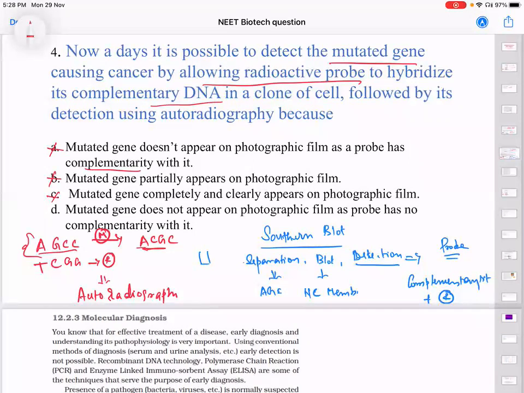So if there is no radioactivity through autoradiography, you will not be able to detect the DNA. This is the concept. So the mutated gene does not appear on photographic film as the probe has no complementarity with it. So I think this option is sensible, and we can go for this option.